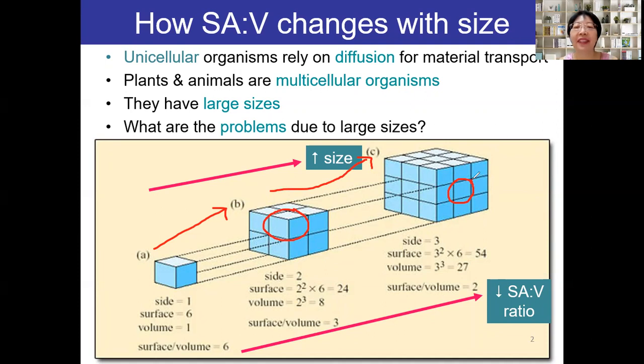1 only. Can you see that from 6 surfaces it becomes 1 surface only? Only 1 surface is able to face the external environment for this example. If you're talking about this cell here, then it's 2. If you're talking about this cell at the corner, then it's 3. So it's no longer 6.